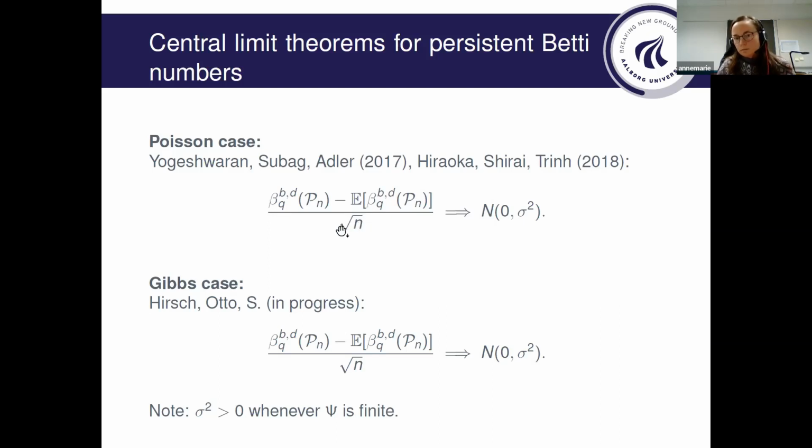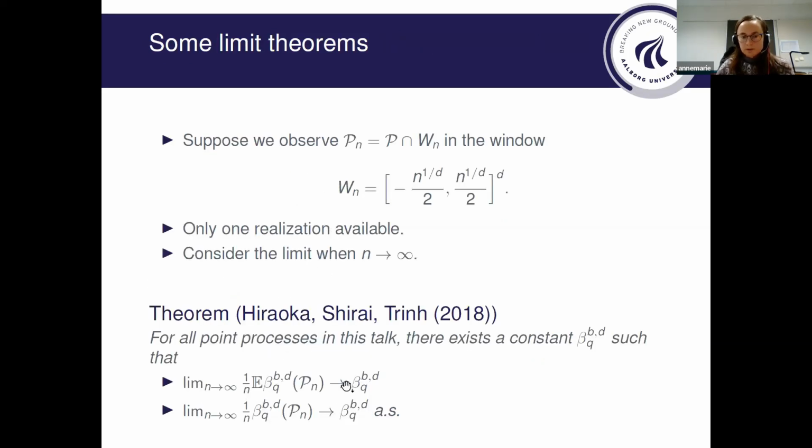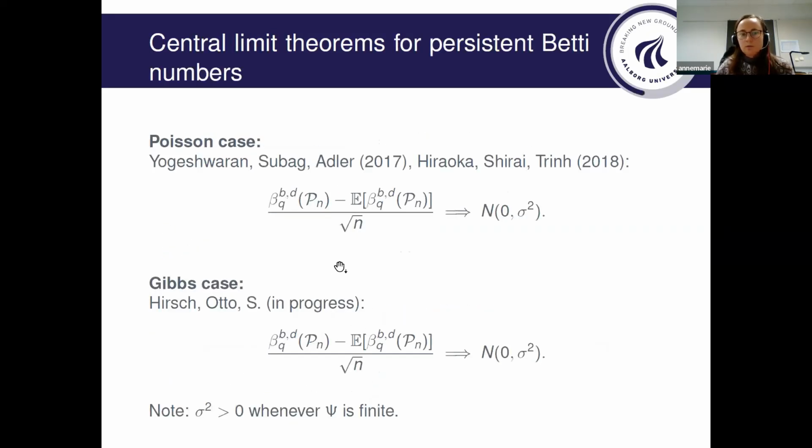So in that case we don't really get convergence here. This quantity will still fluctuate and in the limit be described by a normal distribution.